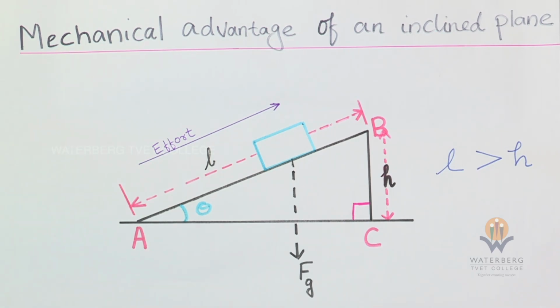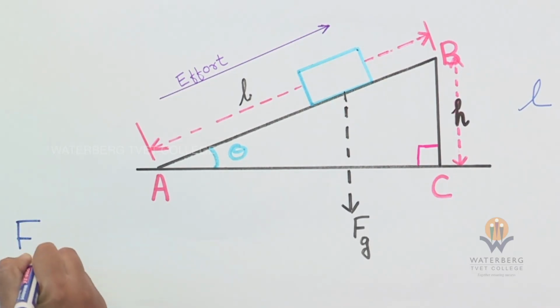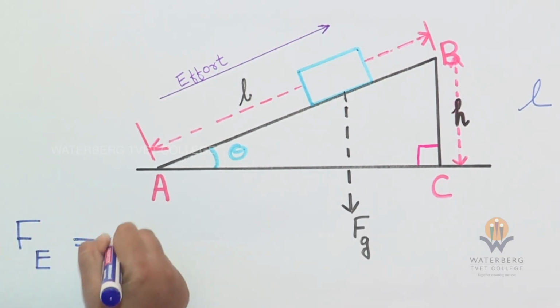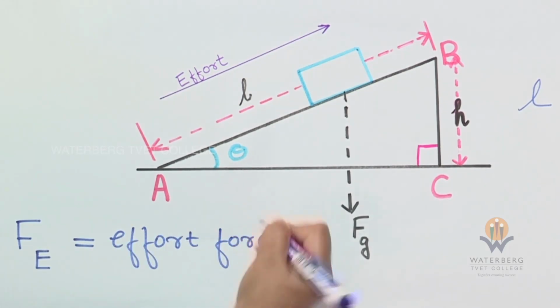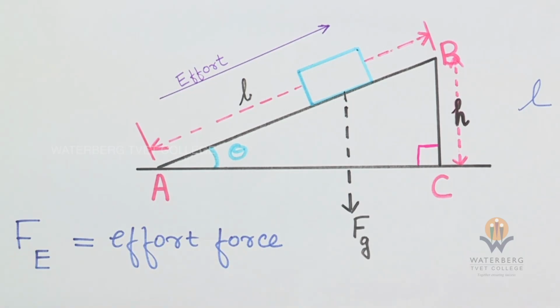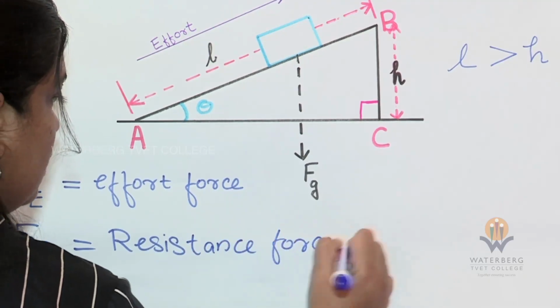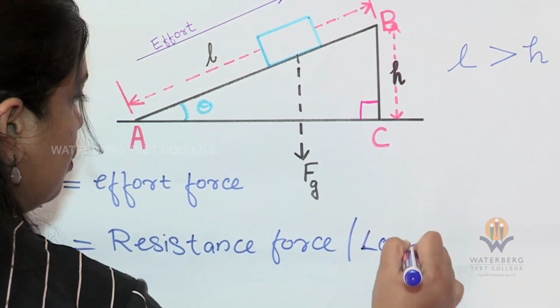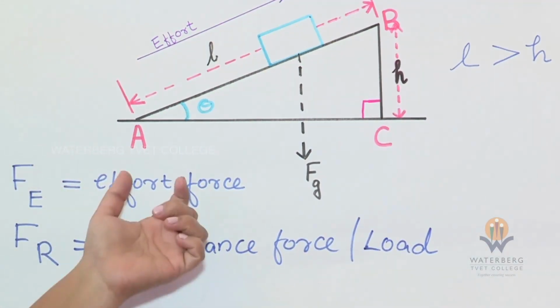Now, when we talk about mechanical advantage, we need to talk about two forces. The forces are the effort force, which is Fe, the force applied on the object, and Fr, the resistance force, or sometimes we call it the load force, which is the force which resists or opposes the effort.